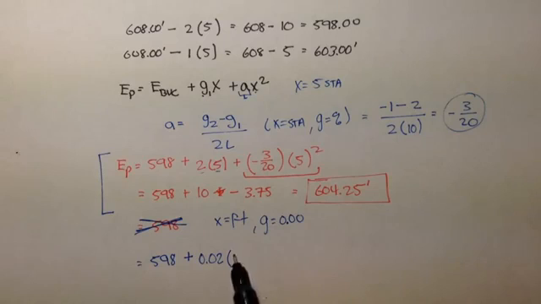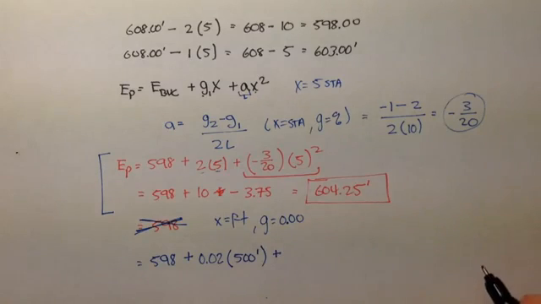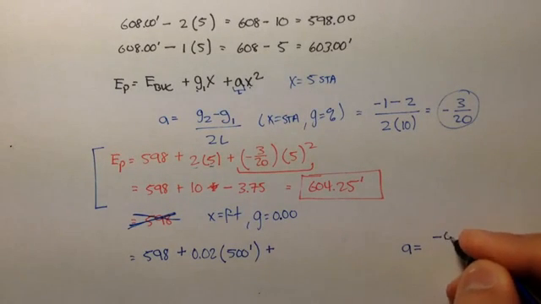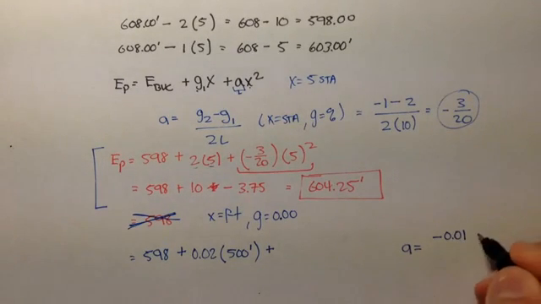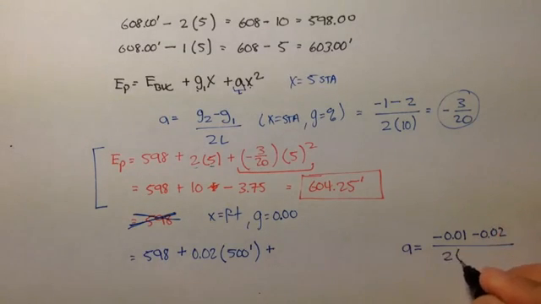So our X was 5 stations, or 500 feet, plus our A term, and let me do A on the side here really quick. A would be -0.01 minus 0.02 over 2 times the length.